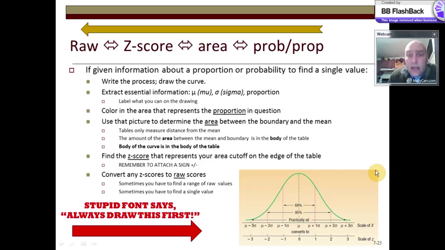Label what you can with your given information. Next, color in the area that represents the proportion in question so you know what you're looking at on your drawing. Use that area to go backwards out of the z-table.